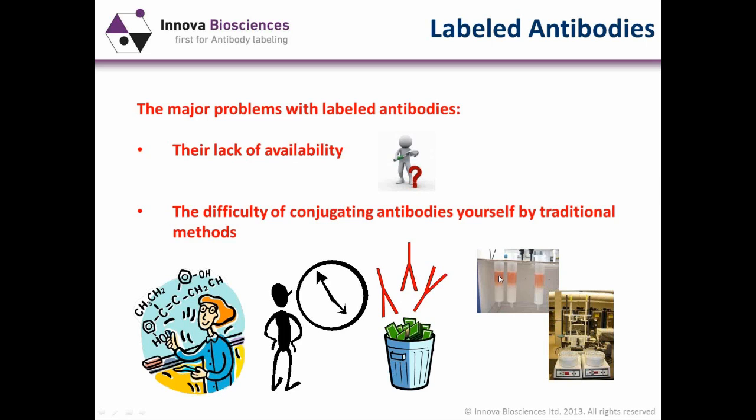You also can need a lot of starting material. Sometimes you can need somewhere between 1 to 5 mg of material, which can be a bit of a costly experiment, especially if you want to do a one-off experiment just to see if your protein is present within the sample. You don't want to be investing in 5 milligrams of antibody to be labeled.